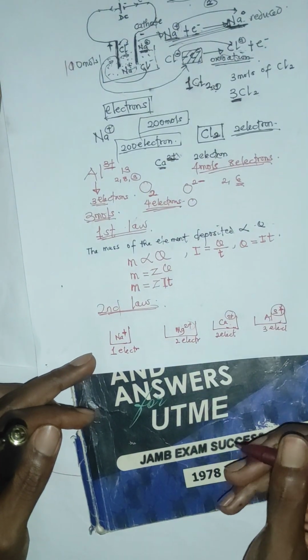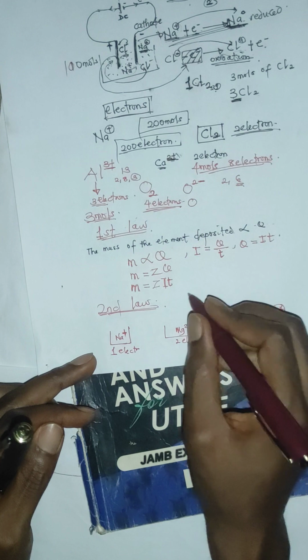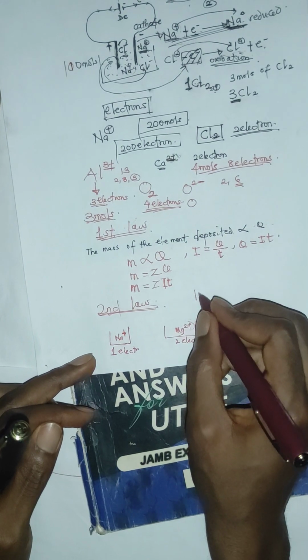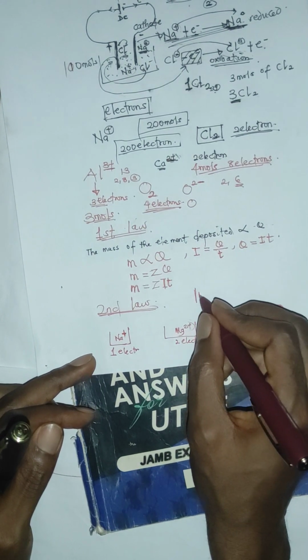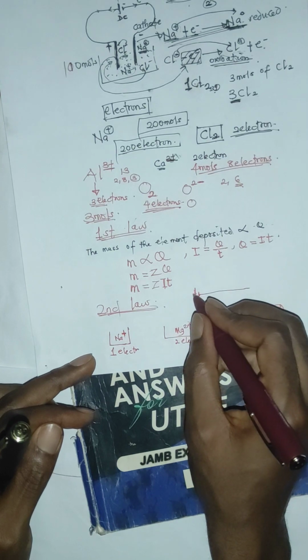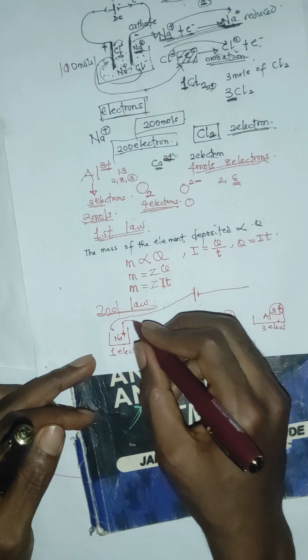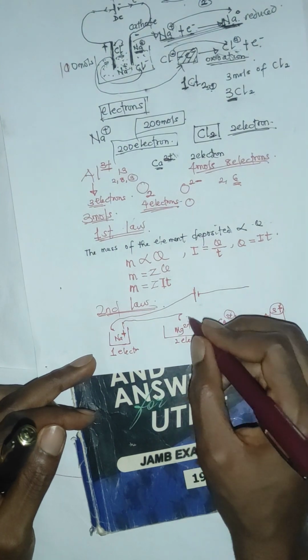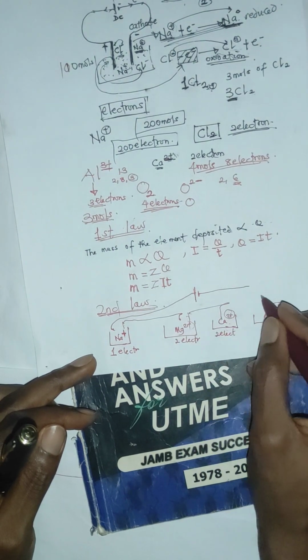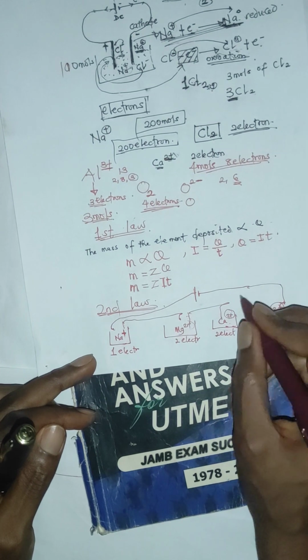Let's now make an assumption. Let us try to pass 21 charges through them. Of course, I can pass the same electricity through different electrolytes if I arrange them in series. I can pass the same amount of electricity across all of them.